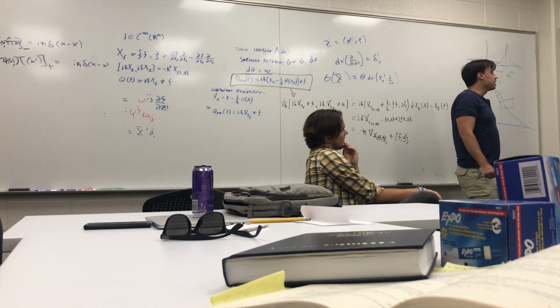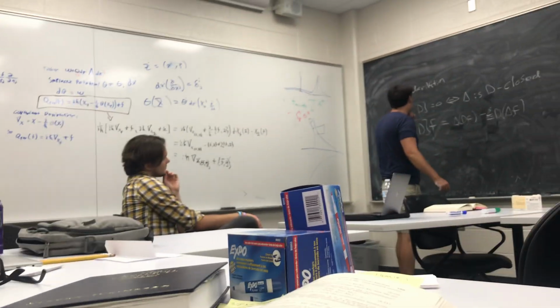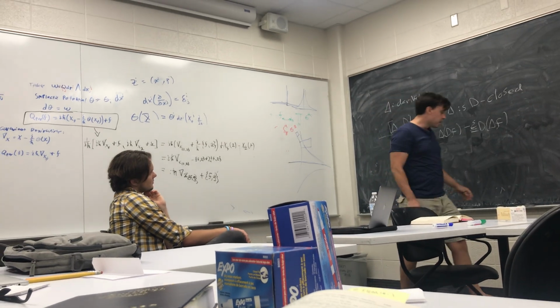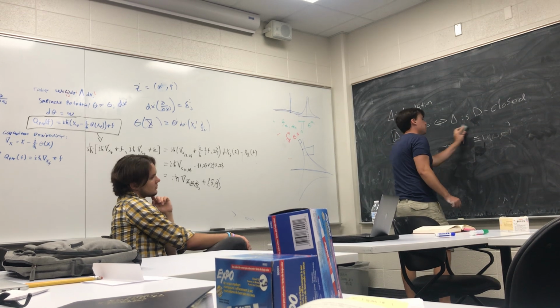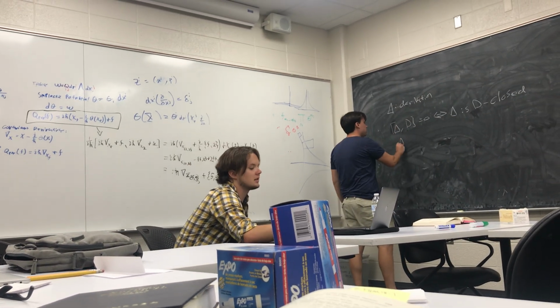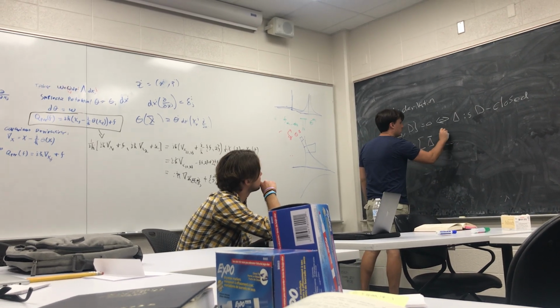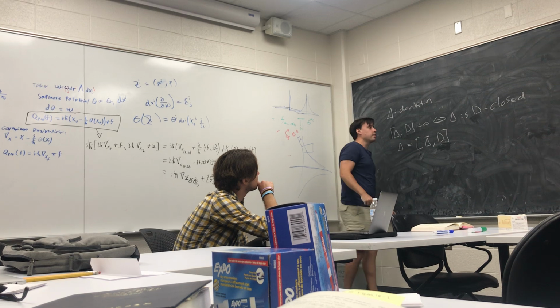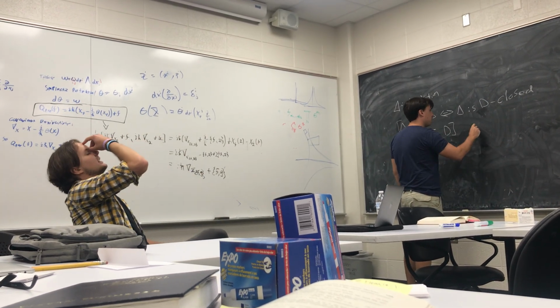No, but I think it's the way that D is acting on delta, because it's the same definition that he uses for closed and exact, where he says delta equals delta bar D. I see what you're saying. So it's just the way that D is acting on this differential operator. Right.